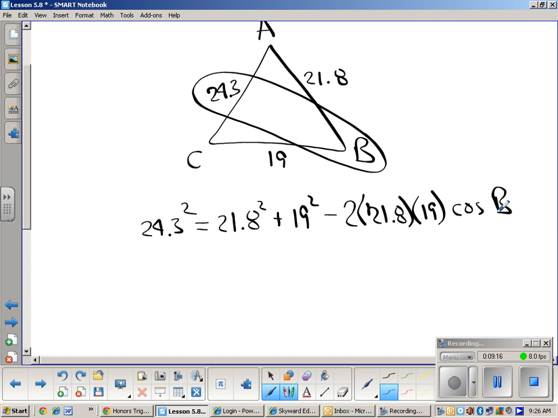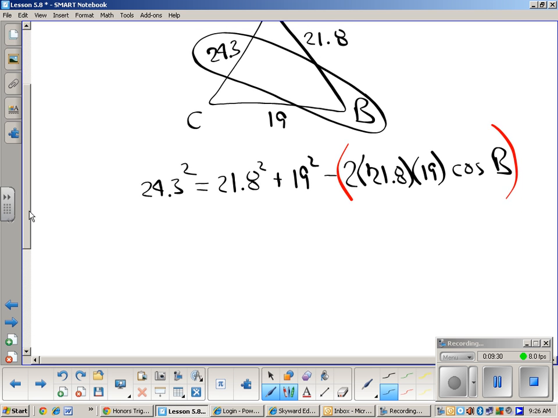Okay? And here is where that mistake is made. I said put parentheses around this. This is the situation exactly where that mistake is made most often. Help me out here.